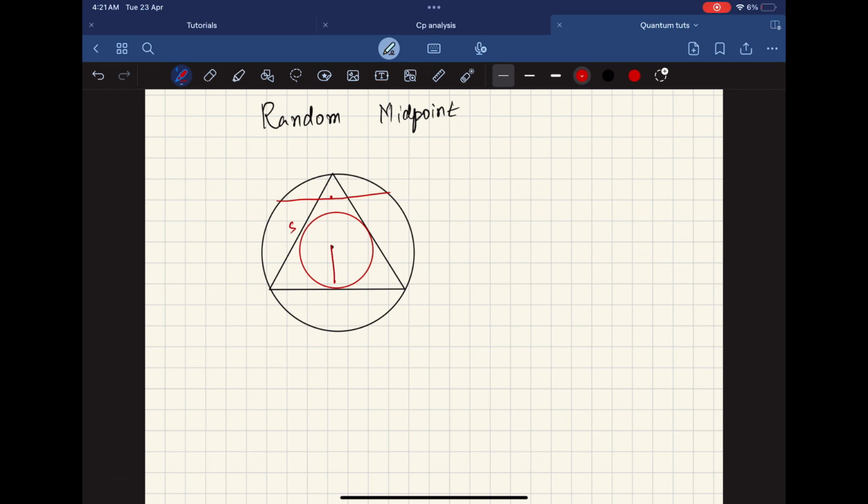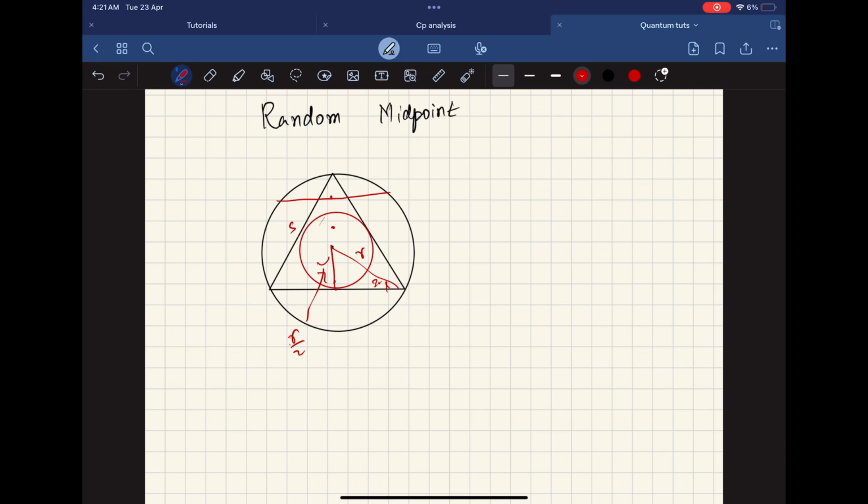Clearly, if we use basic trigonometry here, this is 30°, so we get this side length to be r by 2, and this one is r. So the radius of the inscribed circle is r by 2. And if I have my midpoint inside this circle, the chord that is formed will be greater than the side of the triangle.